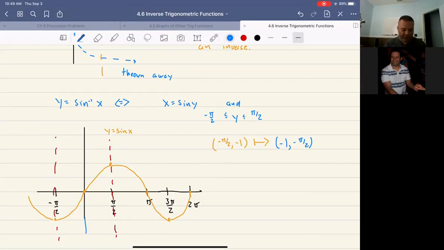Pi over 2 is about 1.5, so it should be right around here. That's negative 1, negative pi over 2.